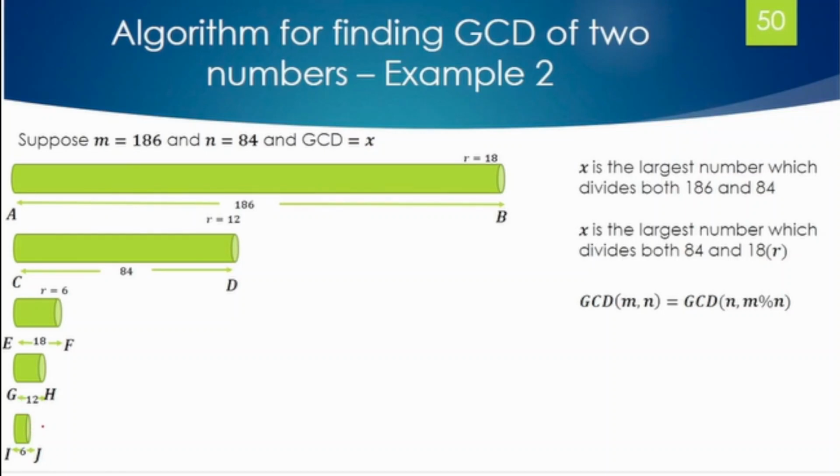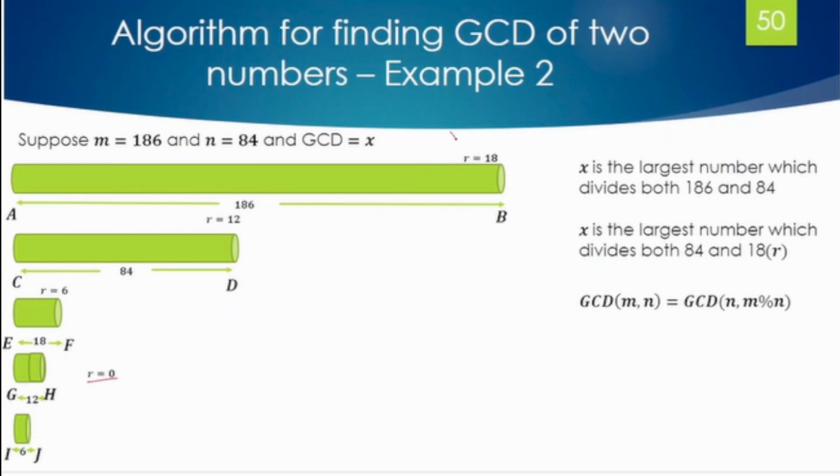You can cover it by 2 IJ, right? If you place the rod of length IJ 2 times, then you will cover the entire 12 units. So in this case R equals 0. That means we can say that 6 will divide 12. So 6 will be the GCD of these two, 12 and 6.